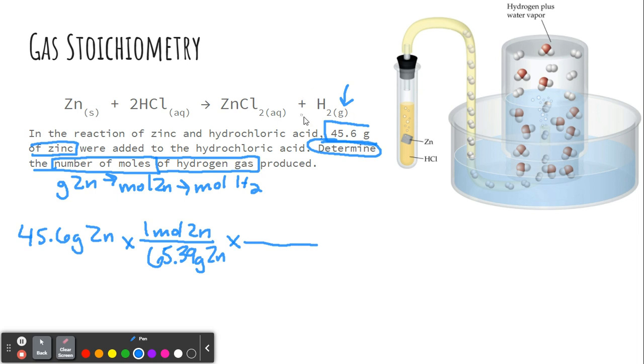I see in my problem that I have only 1 mole of H2, but that's also in a relationship up to 1 mole of zinc. So I have canceled grams of zinc. I've canceled moles of zinc. Now I'm in moles of H2.